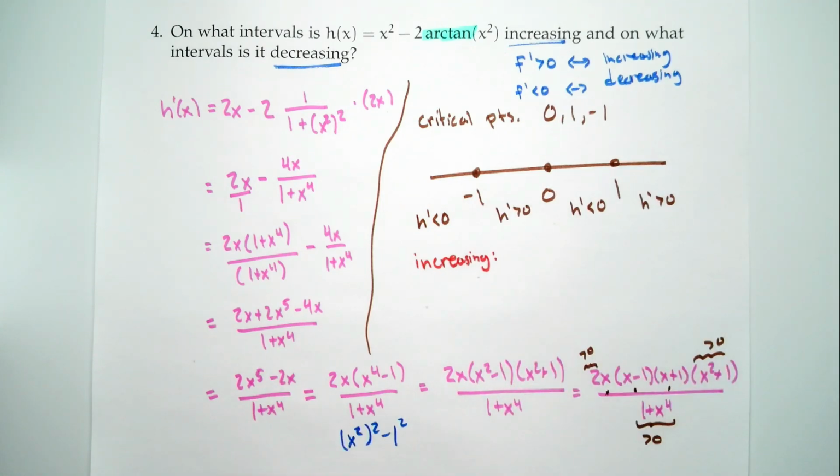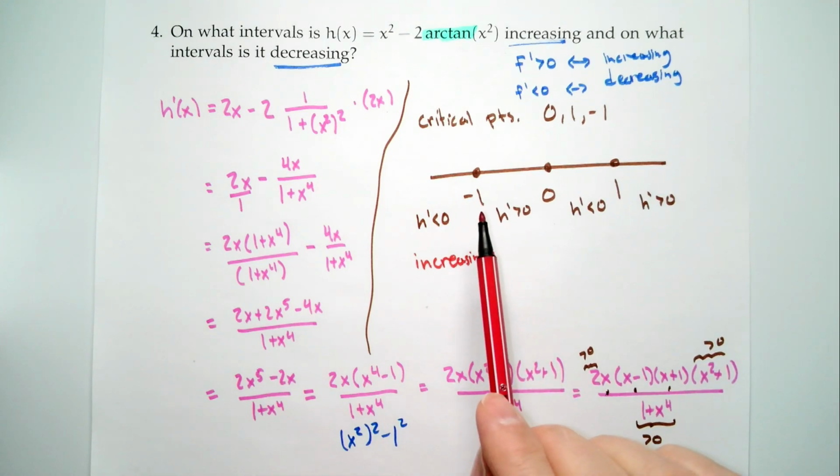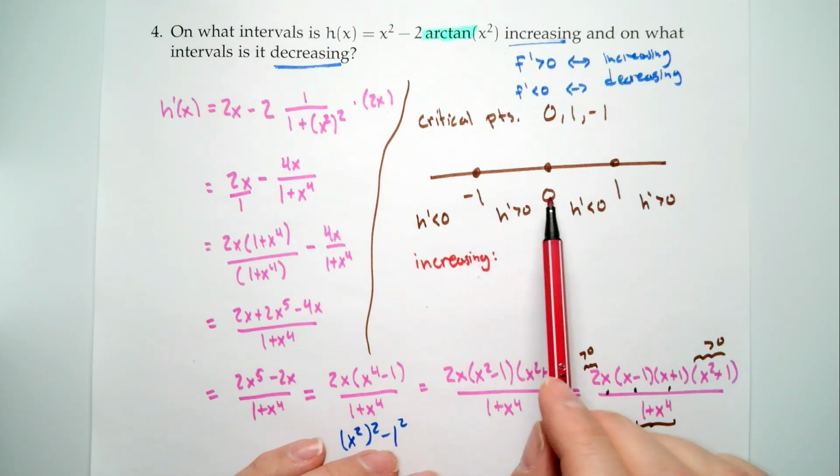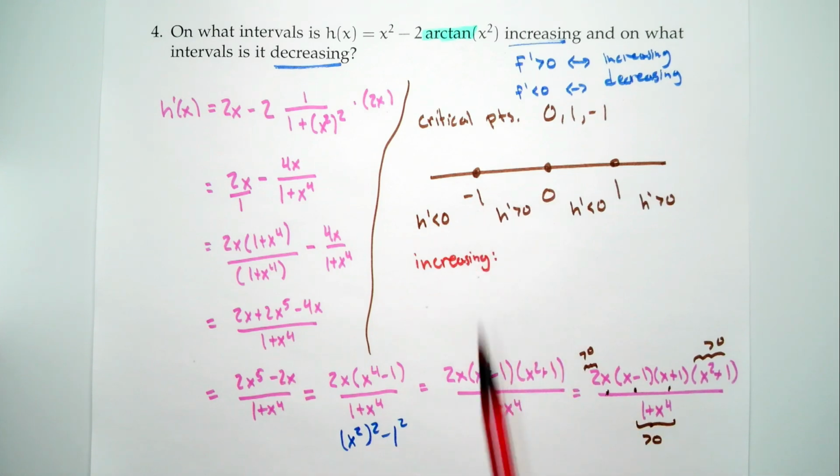And okay, I've got to pause for a second here and tell you that there's a little bit of controversy, even among the faculty and the instructors. There's not 100% agreement on this. The question is, should we be increasing from negative 1 to 0 but not include the endpoints, or should we be increasing and do include the endpoints? My personal opinion is you should include the endpoints because increasing is always about comparisons.